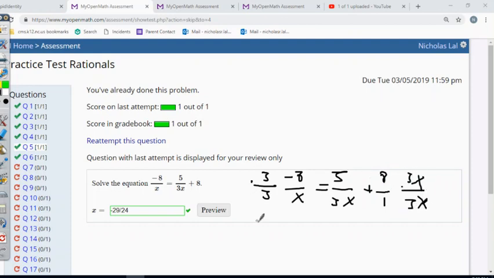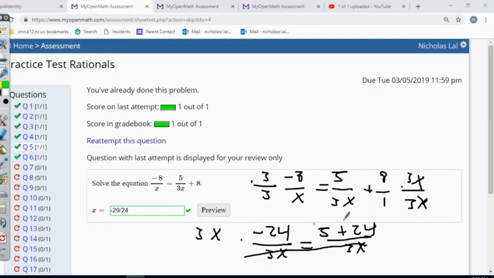So that gives me common denominator 3x. So I get negative 8 times 3, so that's negative 24 over 3x is equal to 5 plus 24x over 3x. At this point, once I get a common denominator, I can cancel it out by multiplying each side by 3x.